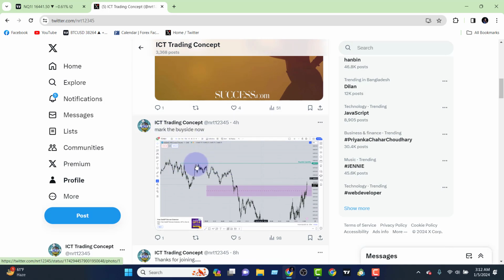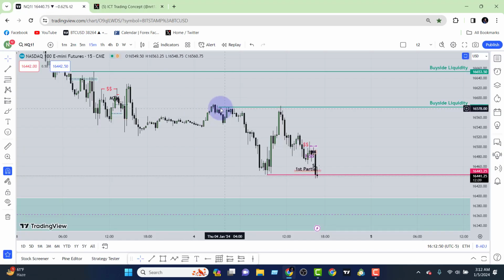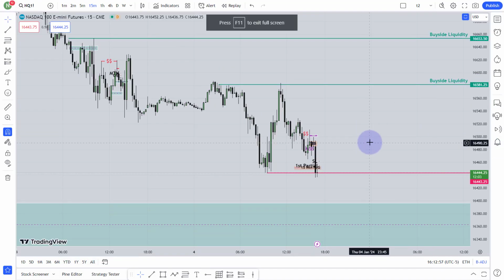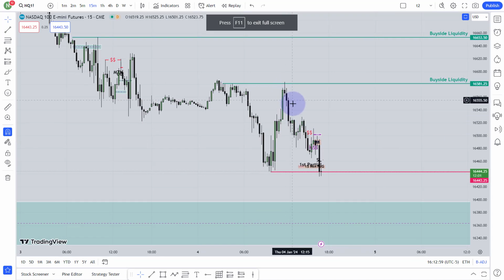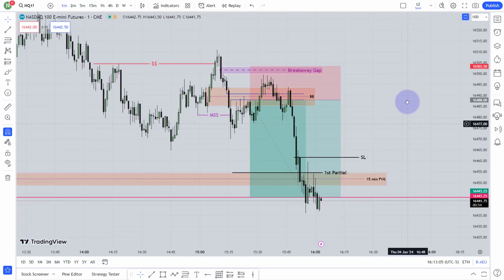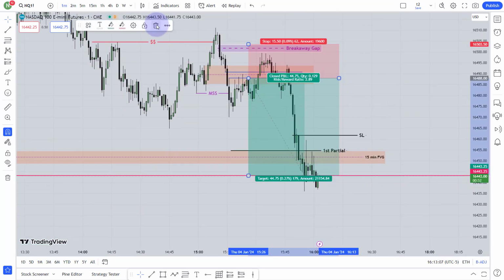See, I have marked this buy side liquidity and told people to please mark the buy side liquidity. So this is the buy side liquidity over here. From the 1 minute chart, this is very clean buy side liquidity. Later price actually took that buy side liquidity and then it started to go lower. Now I will go to the 1 minute chart and explain the setup over here. Let me actually remove this.